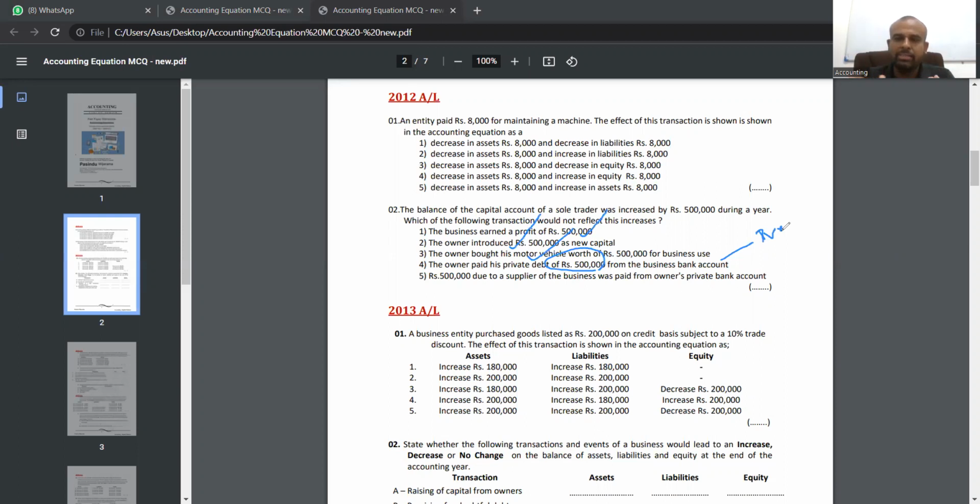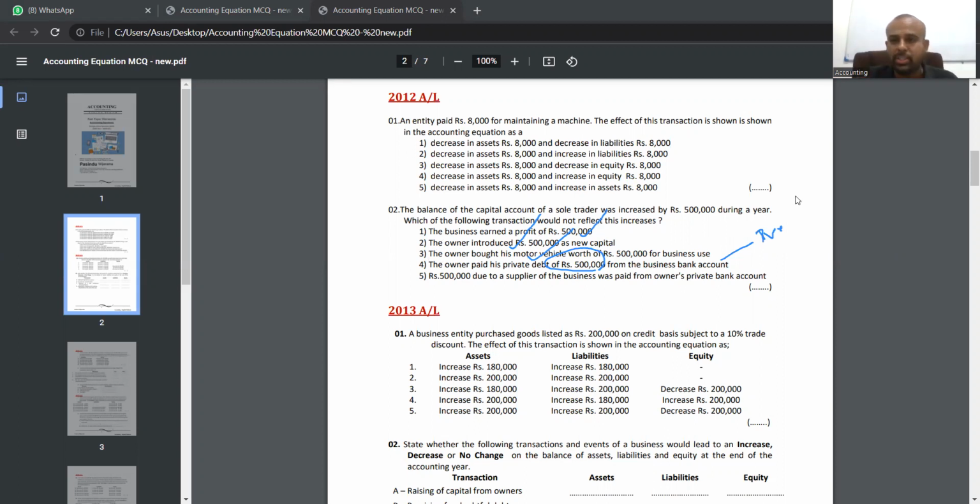According to the separate entity concept, if the business paid the owner's expense, you consider that as drawings. So the fourth one sounds like the correct answer. But in the fifth one, the business loan was paid out of the owner's money, so you consider that as additional capital. Again, the equity balance increases. Fourth one is the correct answer.